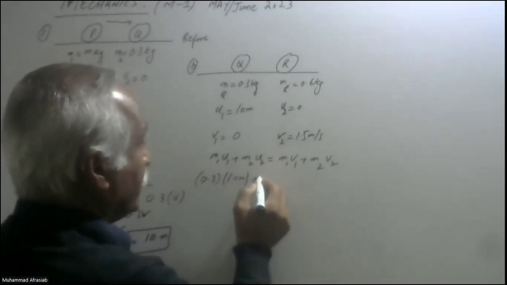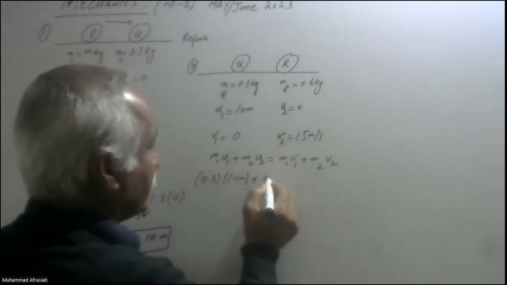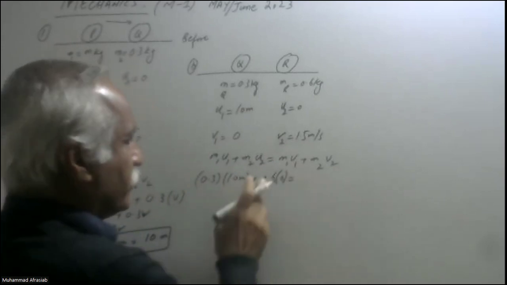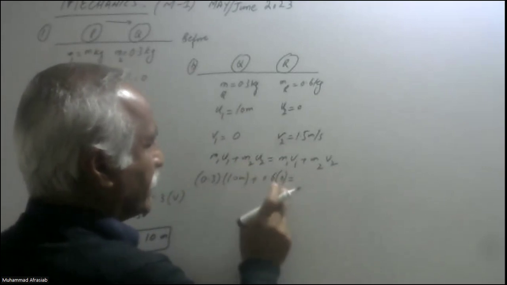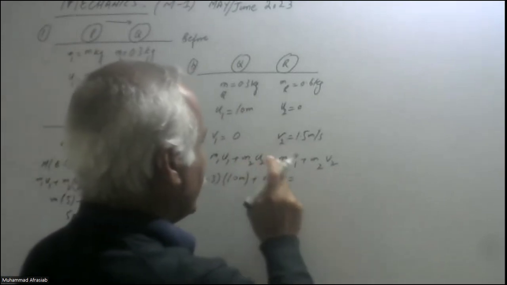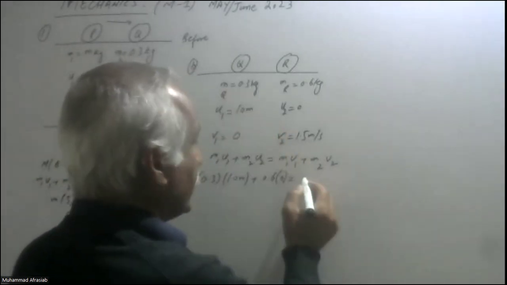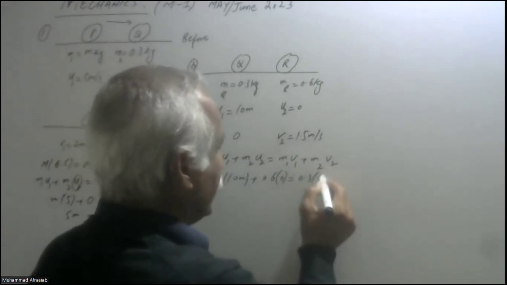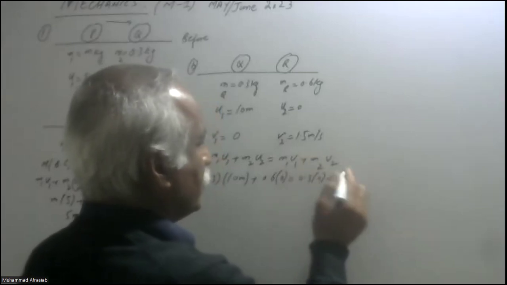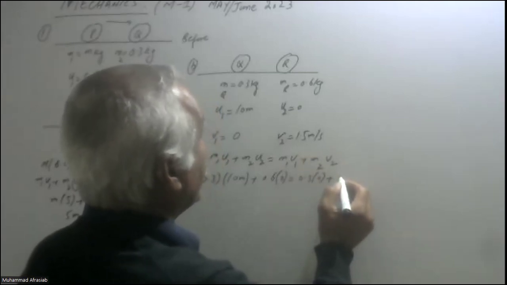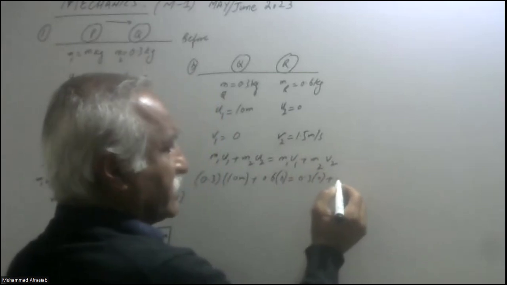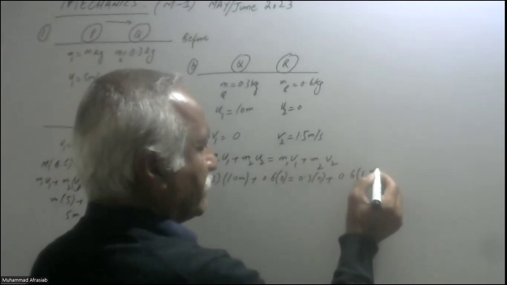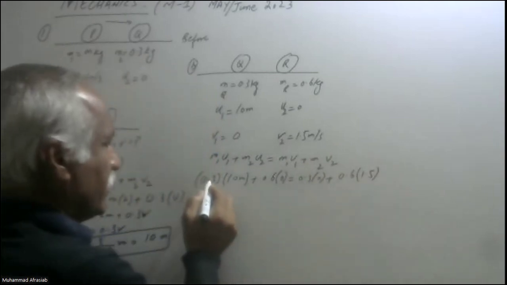Particle R is of mass 0.6. It was at rest before the collision, so u2 will be taken as 0. After the collision, particle Q is at rest, that is 0.3 into 0, plus m2, the mass of particle R, which is 0.6, into the speed of that particle, which is 1.5.